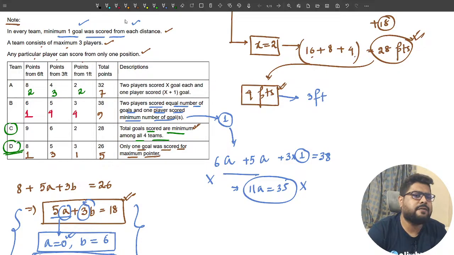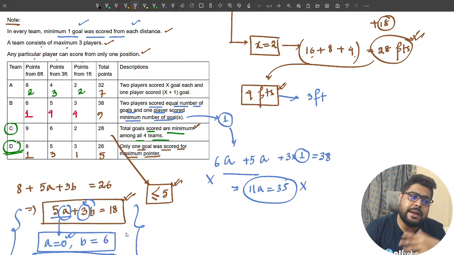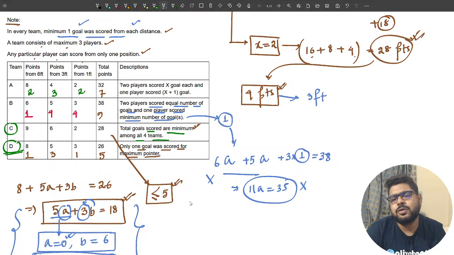I should not write 5, this value should be less than or equal to 5. It can be 5 as well, I'm not saying it can't be 5. It can be less than 5 as well. We don't know that either.